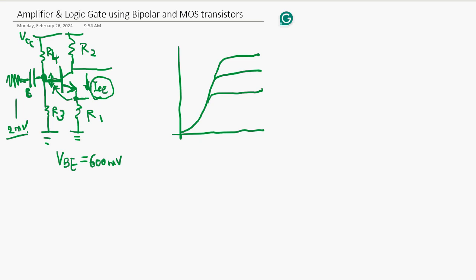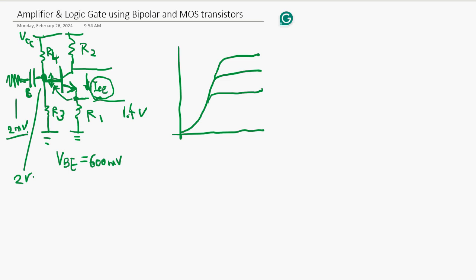So there is a fixed voltage at the base. The 600 millivolt below this, if this is 2 volt, is 1.4 volt, right? And this is a DC voltage.